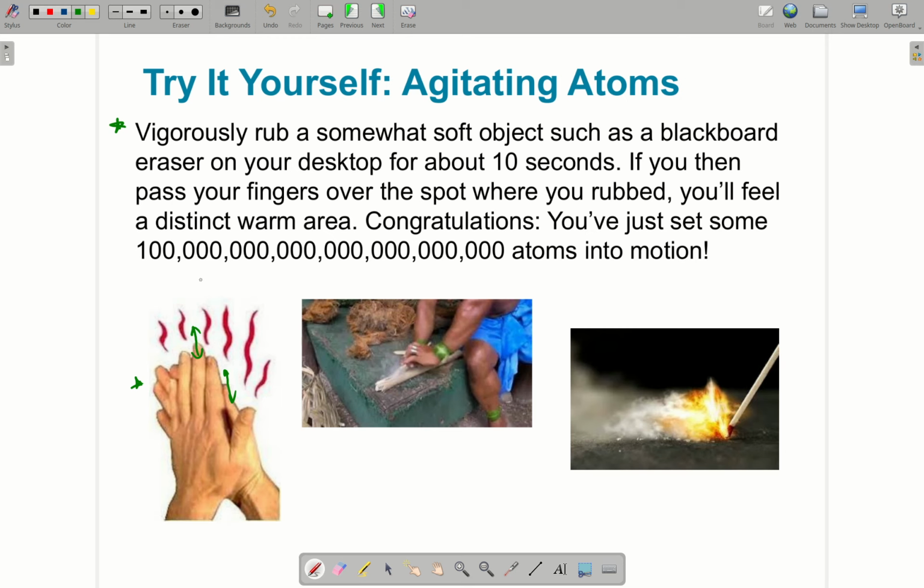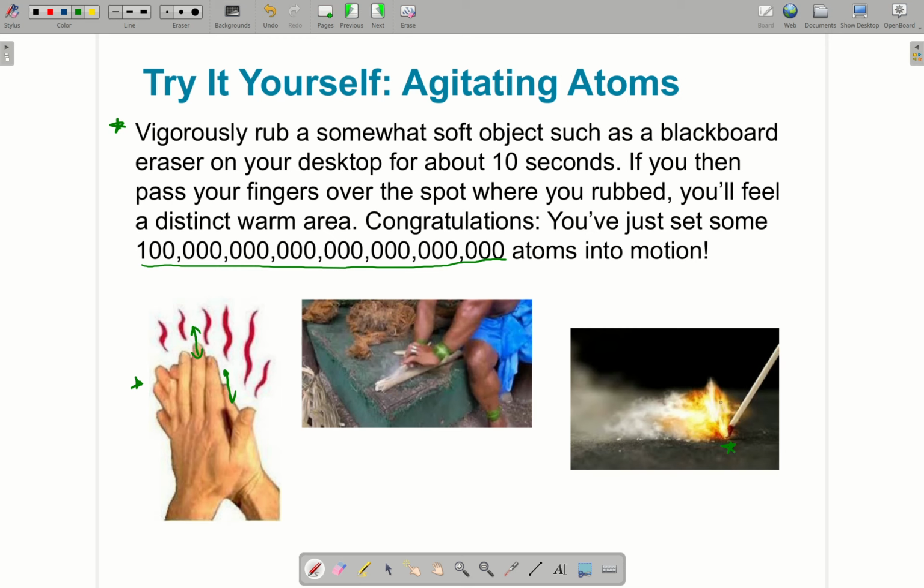So this example is explaining how we can rub two things to each other, and we can put a lot of atoms into motion. That motion provides heat. One example here is lighting up matches.